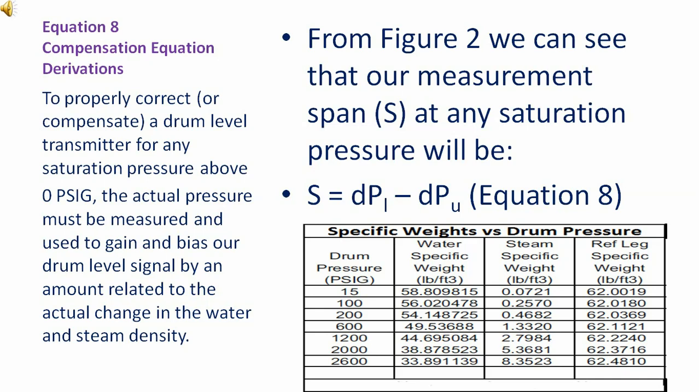To properly correct or compensate a drum level transmitter for any saturation pressure above 0 psig, the actual pressure must be measured and used to gain and bias our drum level signal by an amount related to the actual change in the water and steam density.